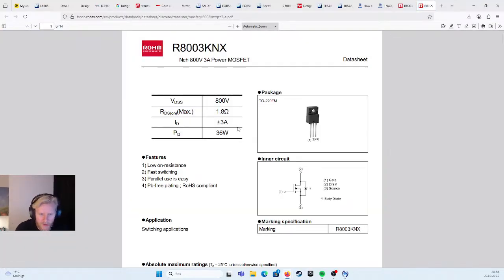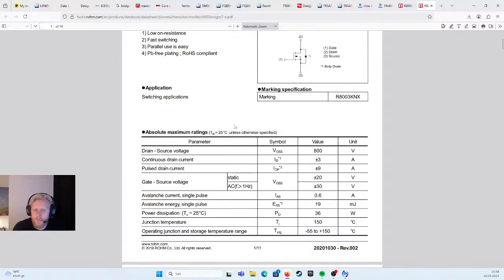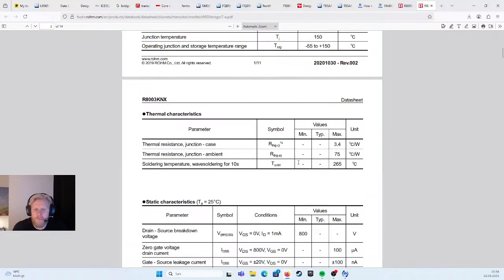Just want to compare the two a little bit. So, junction to case.